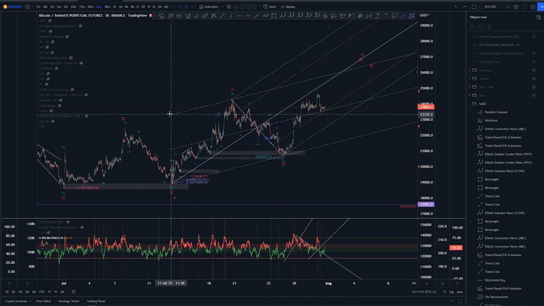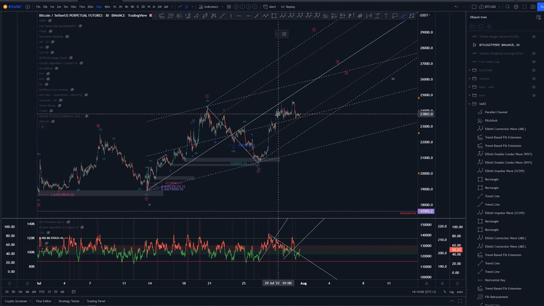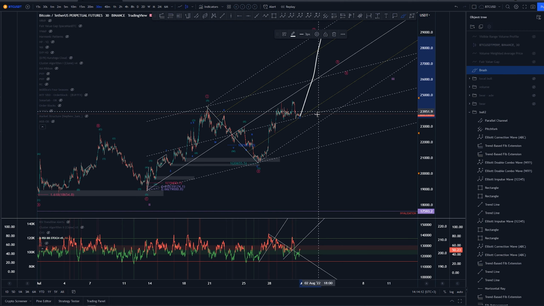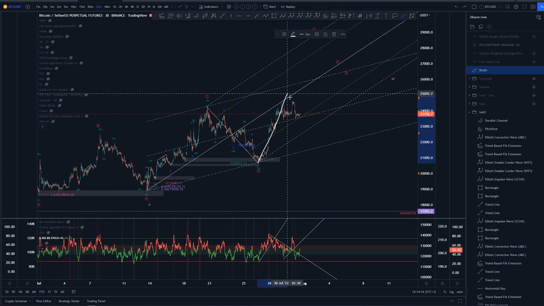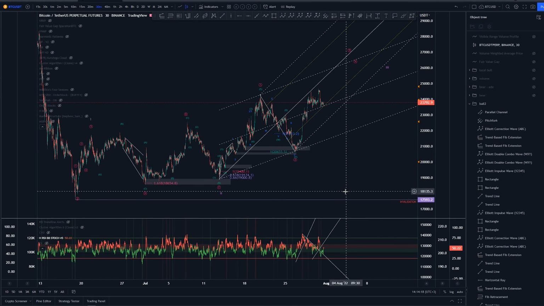Also, this line is basically what we expect to be broken for the wave 3. When and if that happens, definitely this line needs to be taken out for wave 3, as it is very common for this to do something like this. So that's the overall bullish idea.